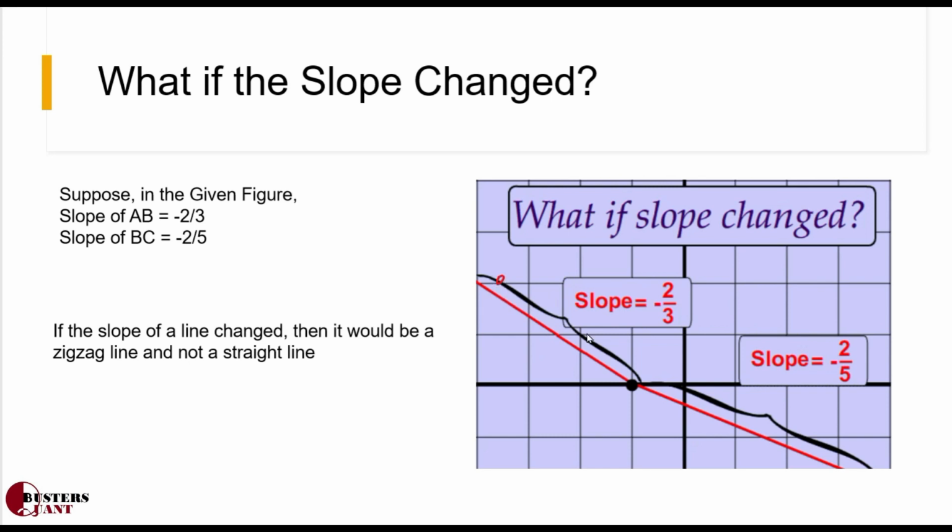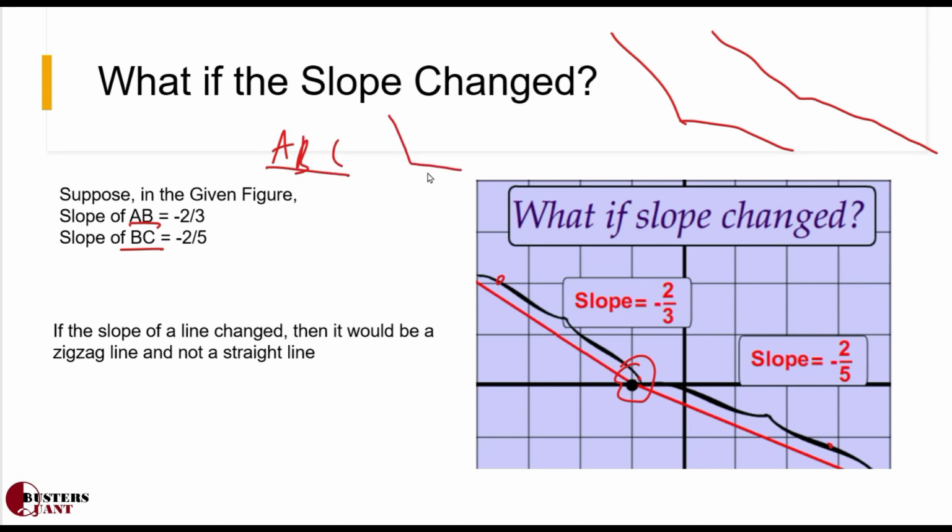If the slope of the line has changed, that means it is not a straight line, it is not a continuous line, it is zigzag. The line is changing at this point B, right? So ABC is not a straight line, it is a zigzag line like this.